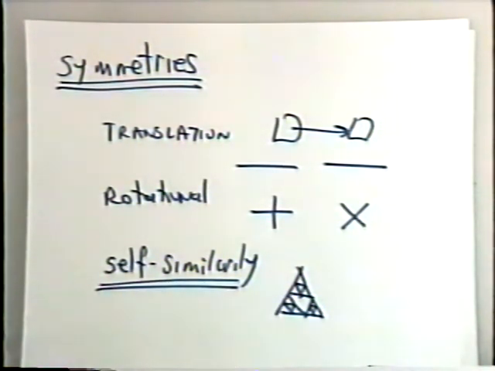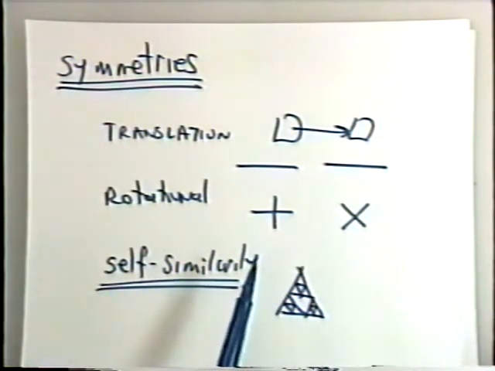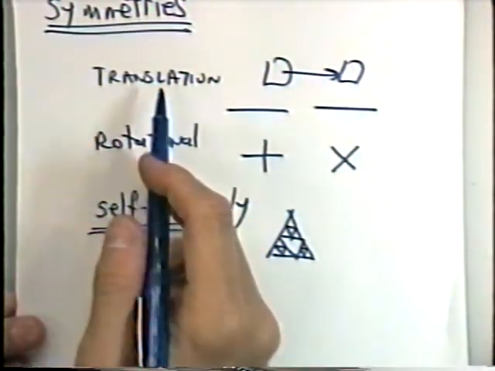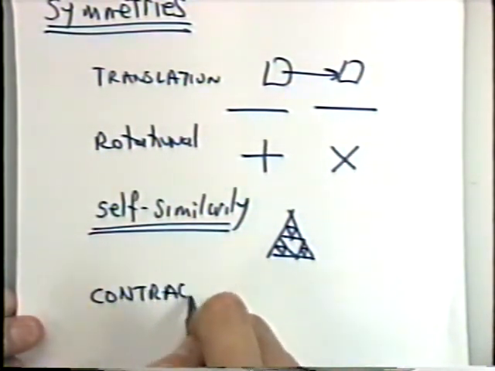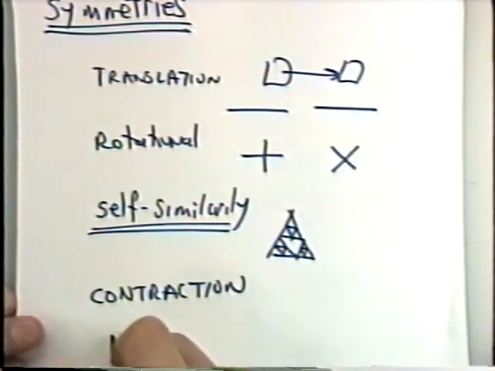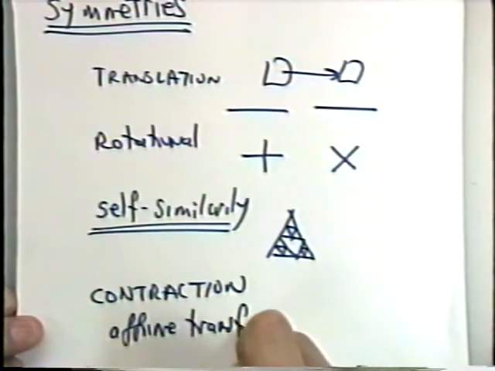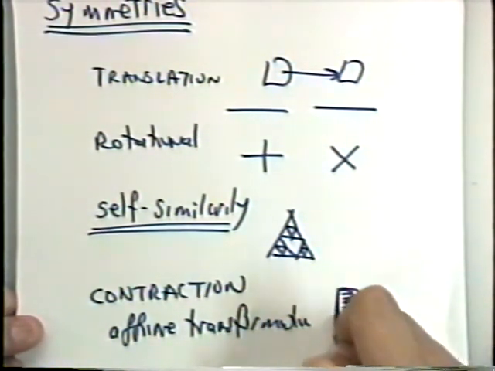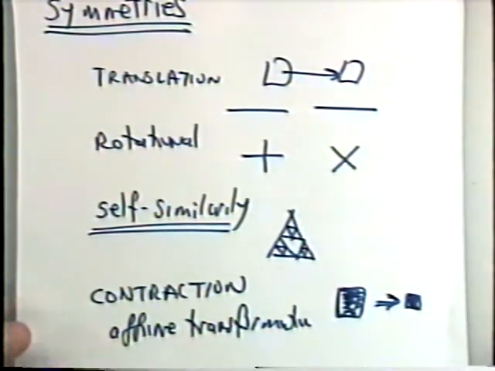And in fact, many of the properties of these self-similarity transformations can be written in terms of translations and rotations and things like that. In order to do it, we would use not only translation and rotations, but something which I'll call a contraction. A more formal definition might be called an affine transformation. And an affine transformation is something, for example, that makes a big thing smaller, which is why I've called it a contraction.